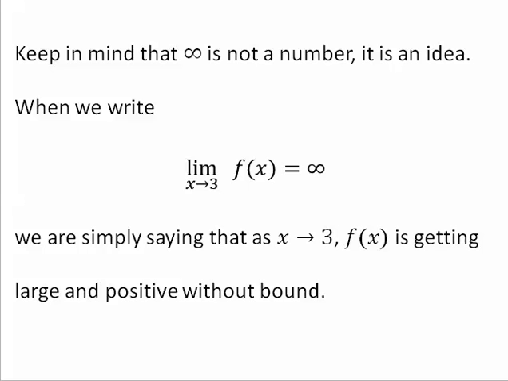Keep in mind that infinity is not a number, it is an idea. When we write the limit equals infinity, we are simply saying that as x approaches 3, f of x is getting large and positive without bound.